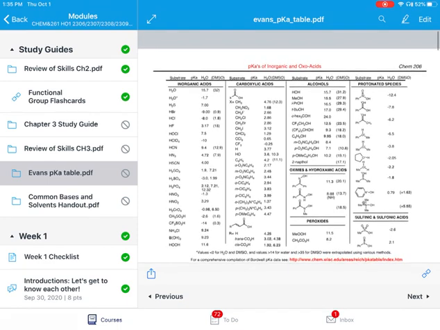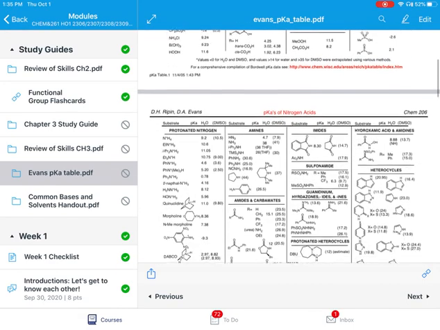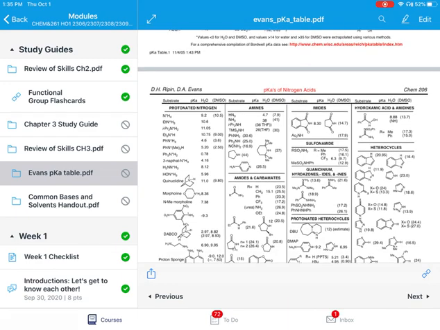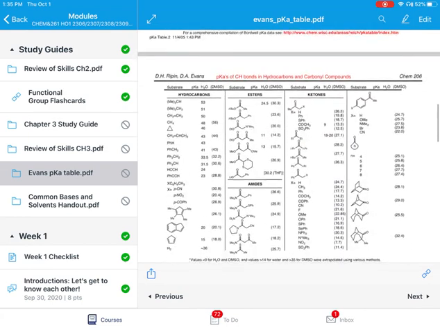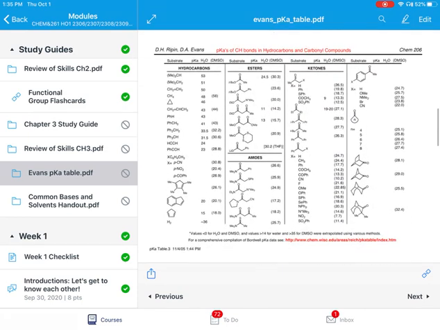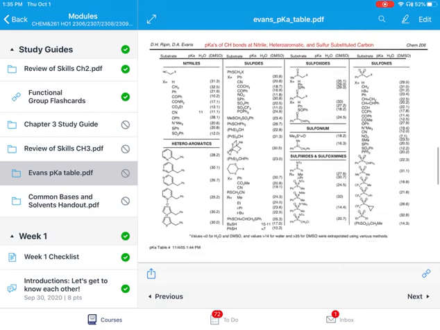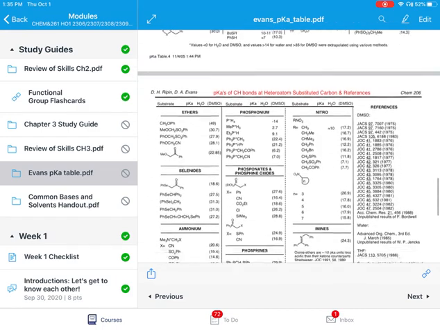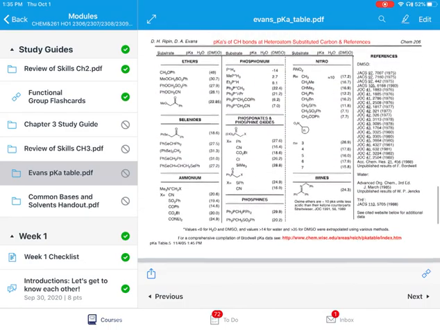So those are acids with nitrogens or different metals or sulfurs, etc. Then we have the pKa's of nitrogen acids. And then we have the pKa's of CH bonds in hydrocarbons and carbonyl compounds. And then we can keep going. So there's a lot here to digest.